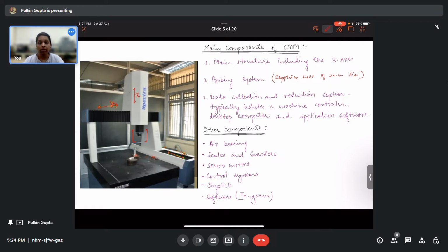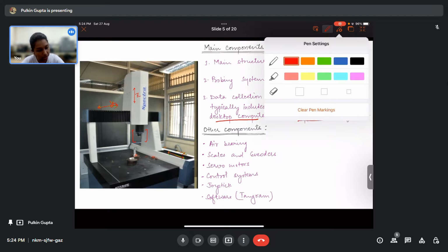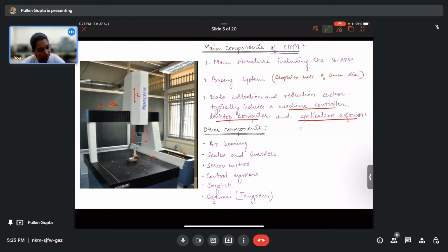Okay, and the next part is the data collection and reduction system, which includes a machine controller, a desktop computer, and an application software to operate this particular machine. Now, the other components are the air bearings. It has pneumatic bearings which are under these bellows, and these bellows are important to protect it from any kind of dust.